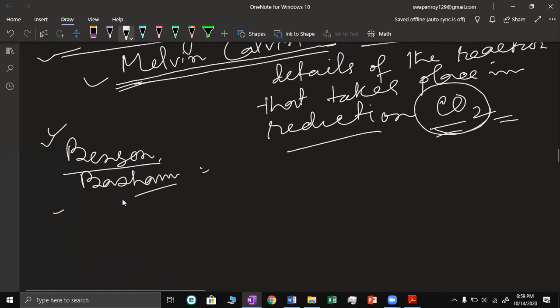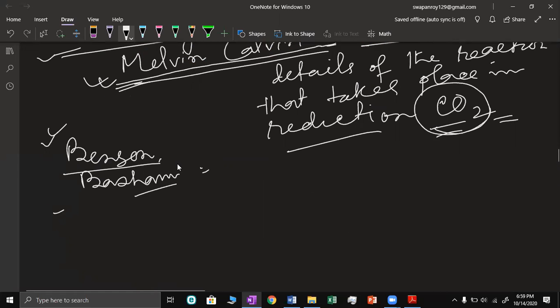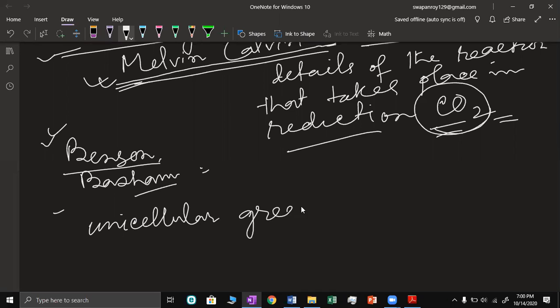So Calvin actually used the unicellular green algae, chlorella.